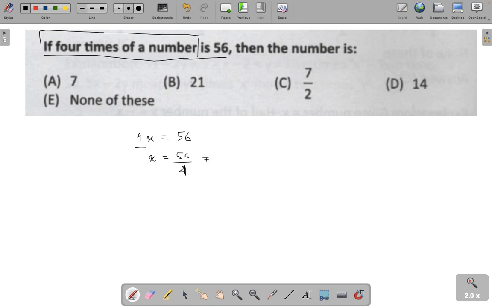Find the number. So what will be the value of x? x will be 56 upon 4, because you divide both sides by 4. And 56 upon 4 is equal to 14. So the answer will be 14.